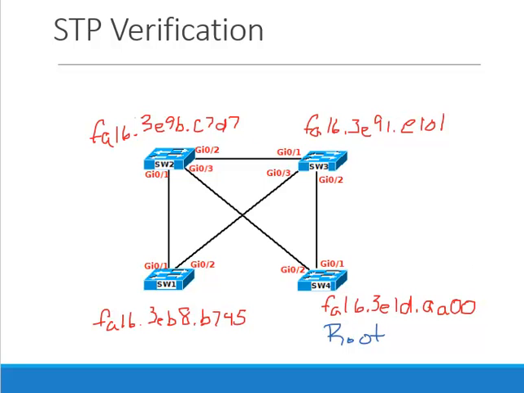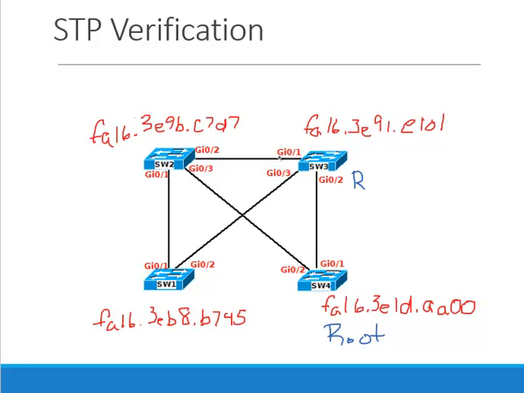Remember, based upon our default costs, each of these links has a cost of 4 because they're all gigabit and we're using the short method. So this one becomes the root port on switch 3. So we'll write that in.